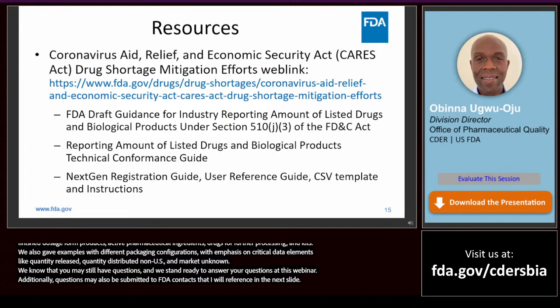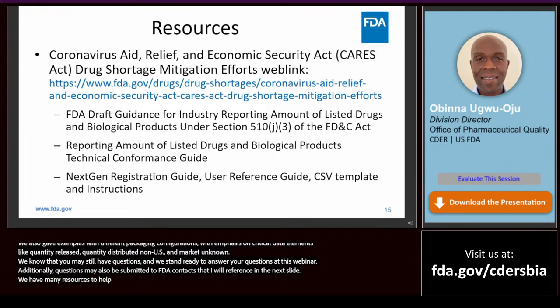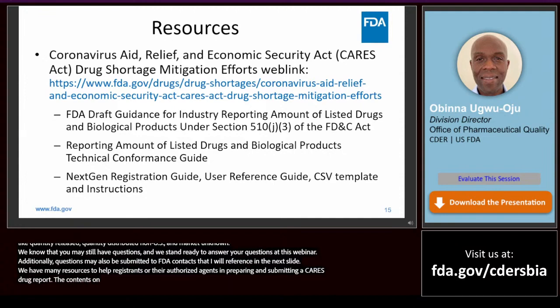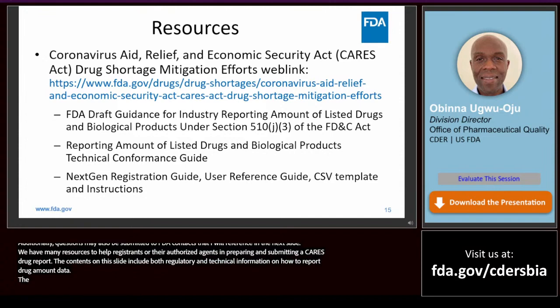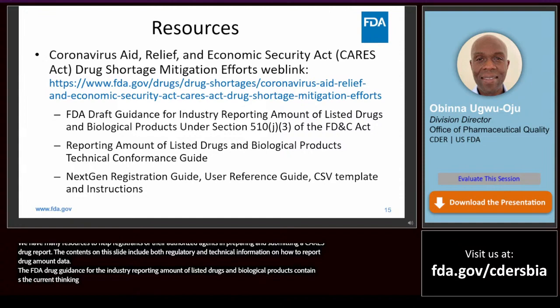We have many resources to help registrants or the authorized agents in preparing and submitting CARES drug amount reports. The CARES Act link on this site contains both regulatory and technical information on how to report drug amount data. The FDA draft guidance for industry on reporting amount of listed drugs and biological products contains the current thinking of FDA on reporting amount of listed drugs.